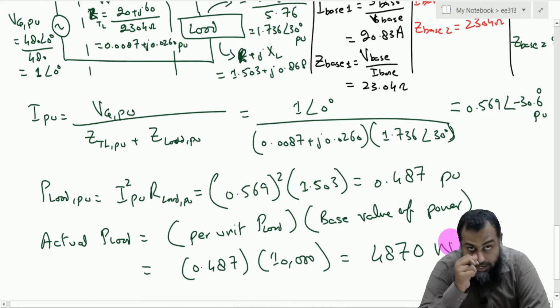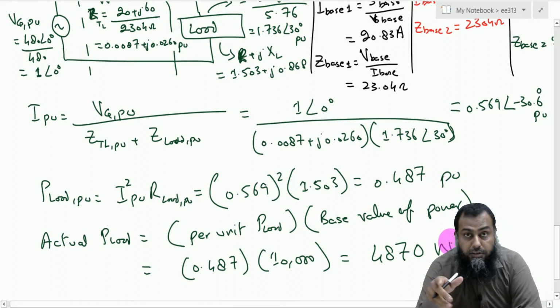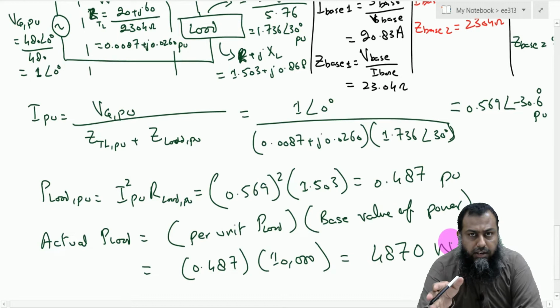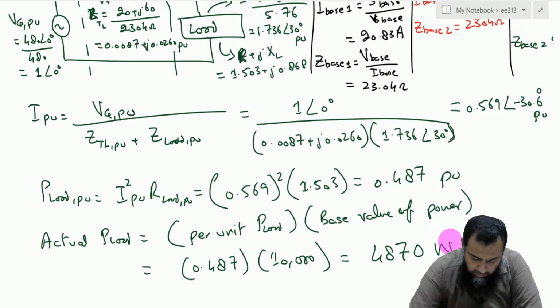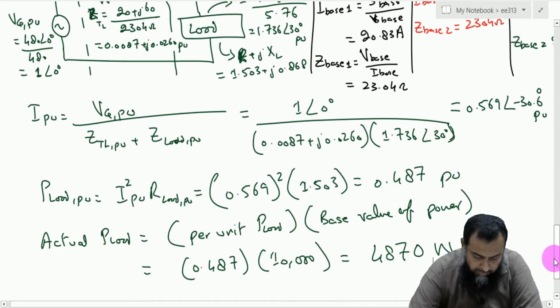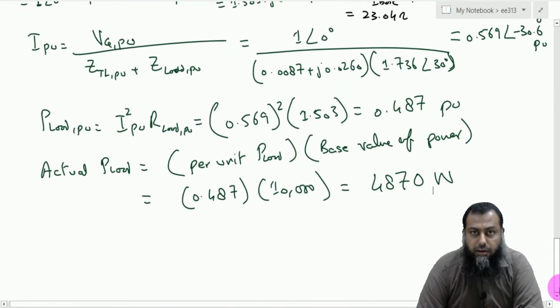So this way, once we have this system, we can change the values and parameters of the transformer and the generator, and we can see the effect directly by converting it into per unit value. So this is the total amount of power which is absorbed by the load.